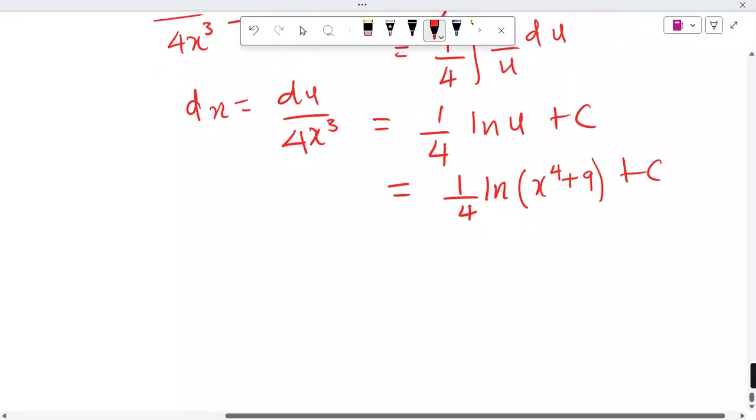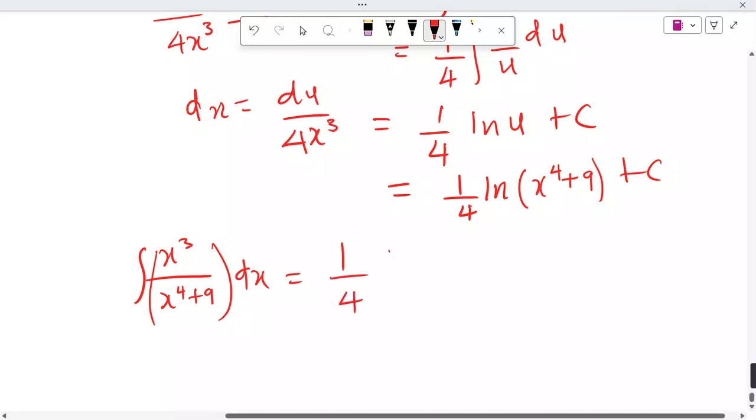So we write here: integral of x to the power 3 over x to the power 4 plus 9 dx is equal to 1 over 4 ln of x to the power 4 plus 9, plus c. Okay, so this is your answer.